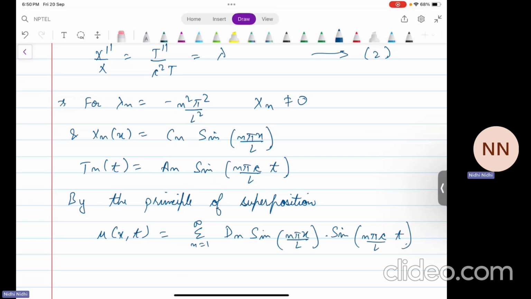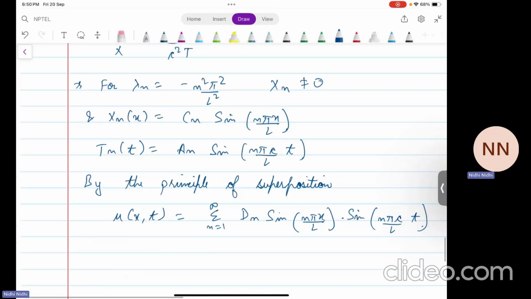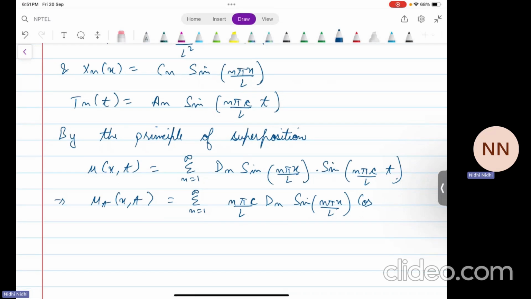So we have the condition as u_t at (x,0) is this. Now what will be u_t? This implies that u_t(x,t) is equal to the summation n from 1 to infinity. Let's just differentiate it with respect to t. We will get n pi c by L times dn sine(n pi x by L) cos, because sine(n pi x by L) is completely independent of t, and the derivative of sine is cos, so this is cos(n pi c by L t).